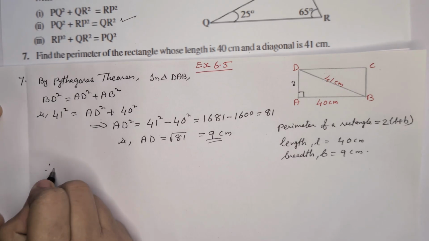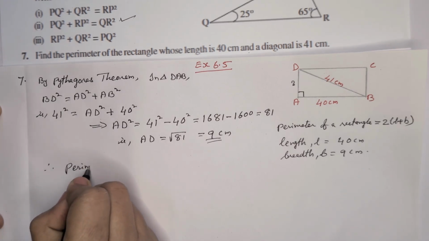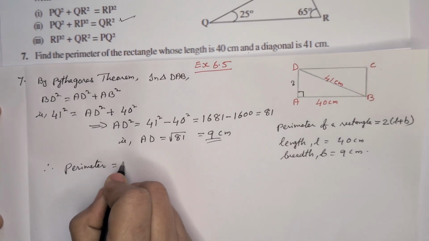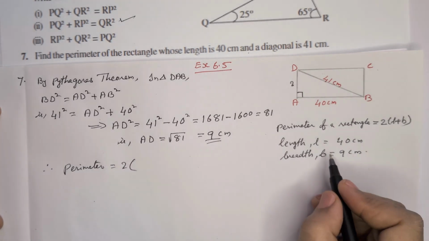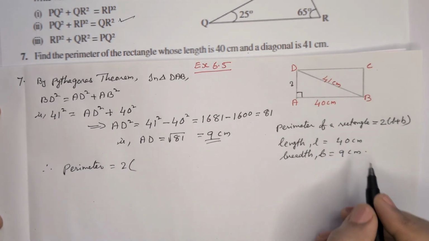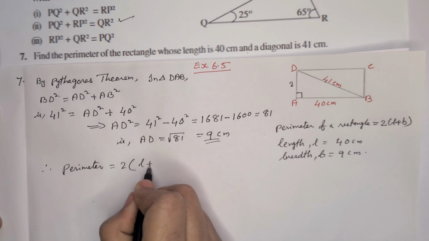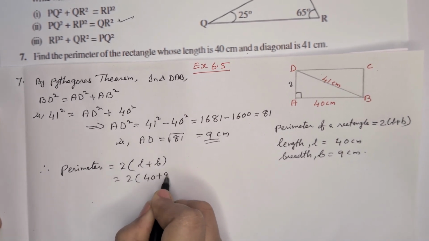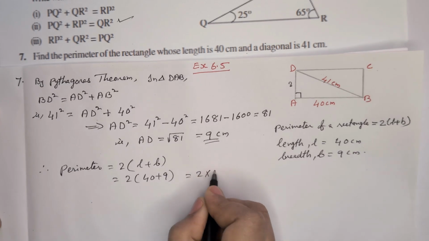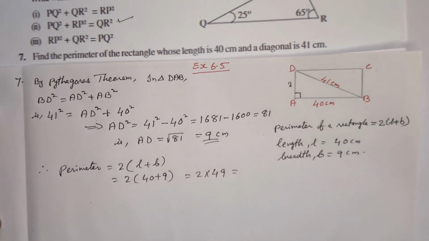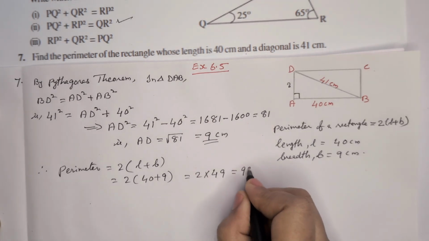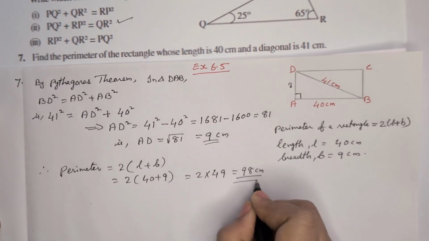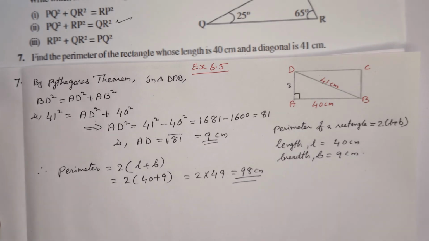So we can write, therefore perimeter is equal to 2 into L plus B, that means 2 into 40 plus 9, which is equal to 2 into 49, which is equal to 98. So perimeter of the rectangle is equal to 98 centimeter.